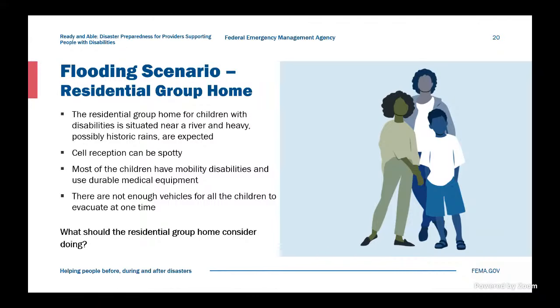Radio, have a plan in place and partner with local entities. Okay, yeah, wow, you guys are good. Creating an internal list of all DMEs needed by residents to ensure if anything is left behind. Okay, yeah, have some kind of evacuation plan.